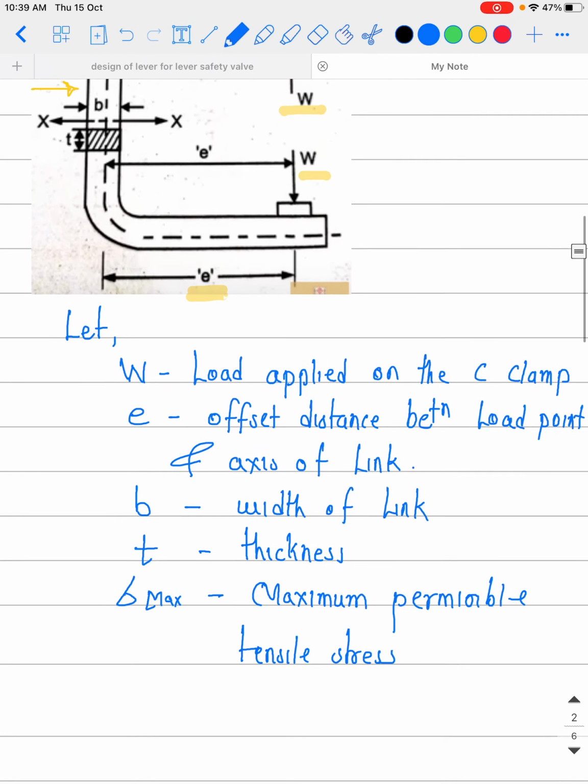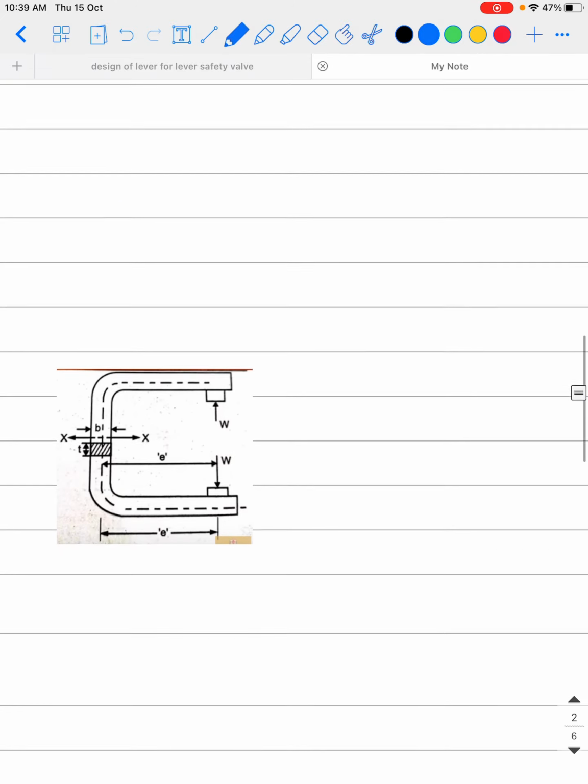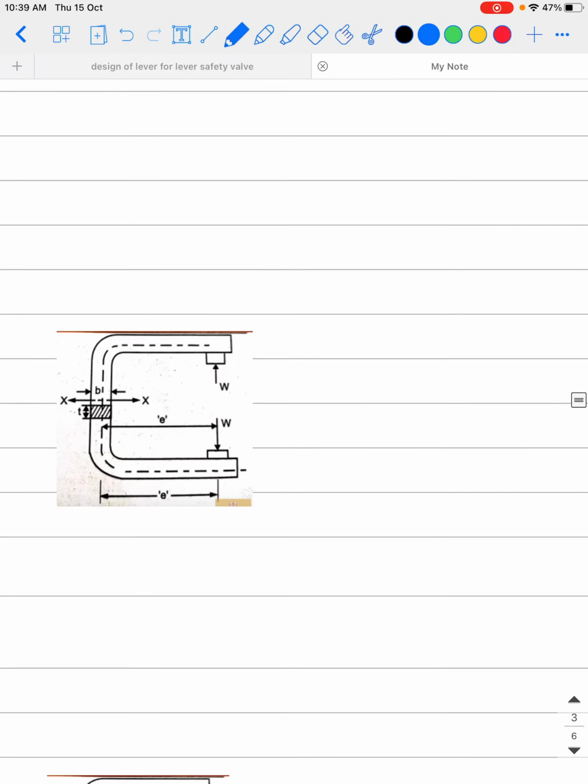Now if we look at this link, there are direct tensile forces or tensile stresses imparted on this link, and because of that we have to first check the failure of the link because of the direct tensile forces.